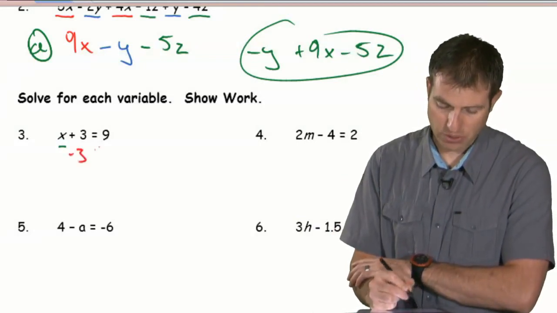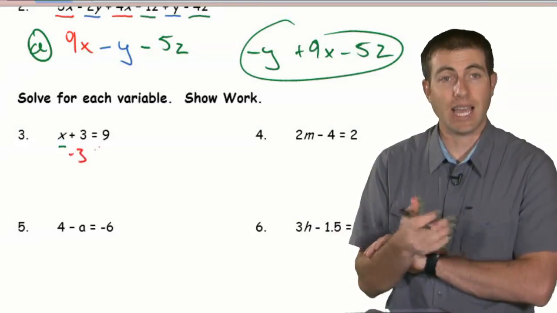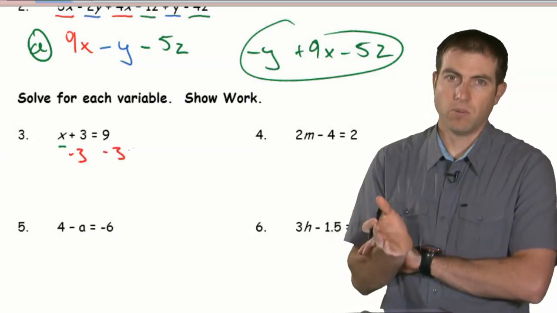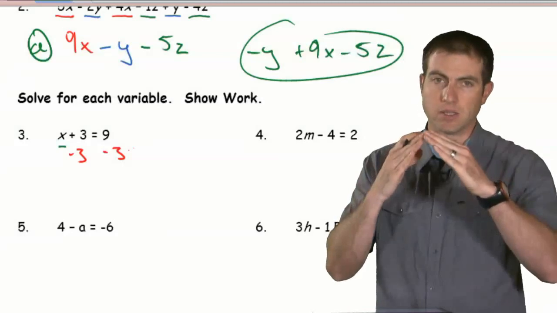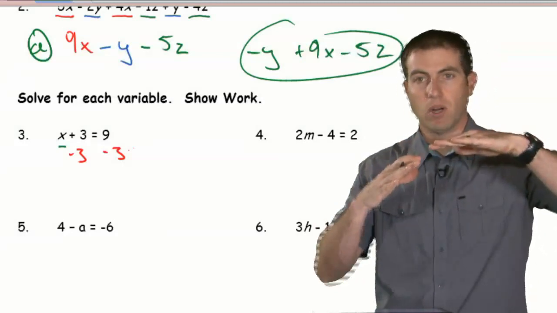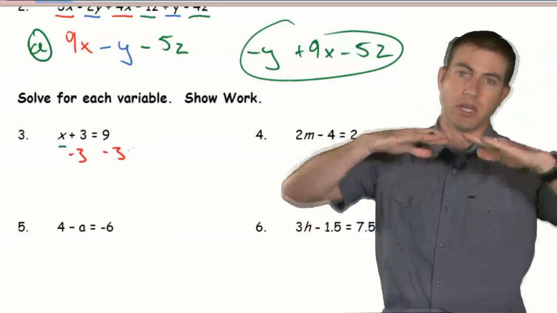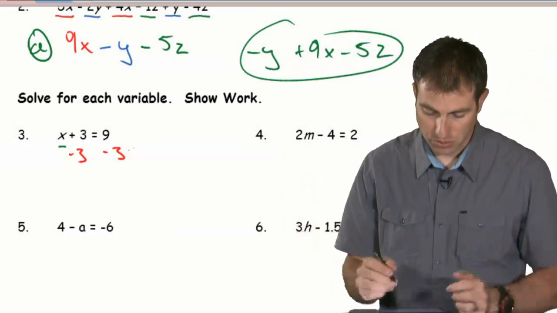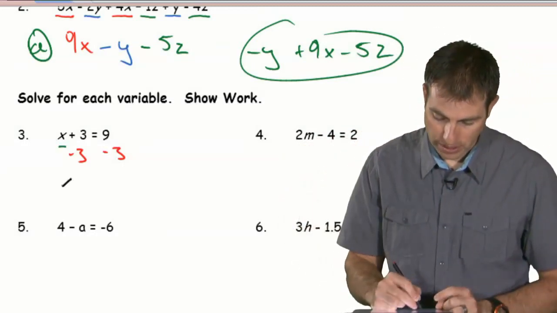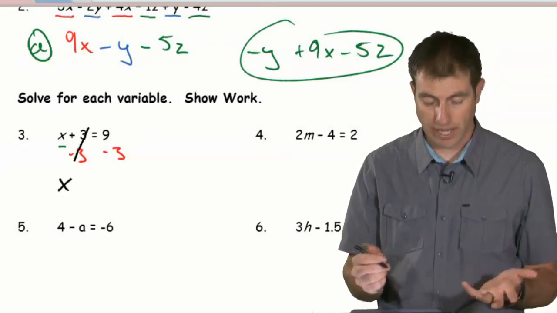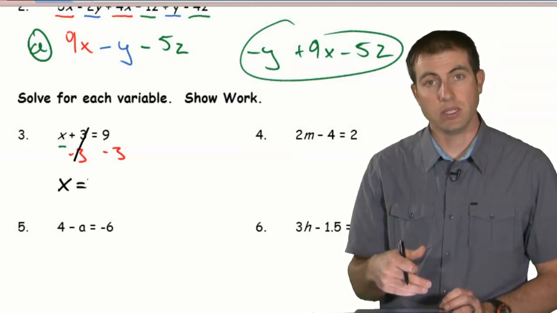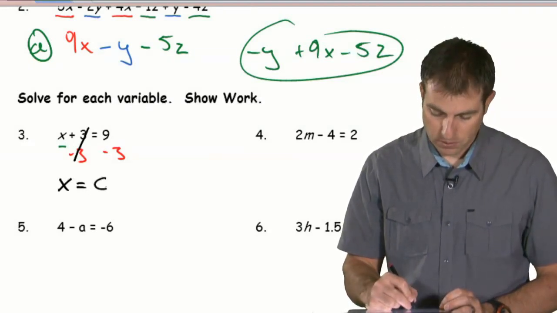So if I subtract 3 from one side, I have to subtract 3 from the other side as well. Remember, the equal sign is like a balance point. If we have something happening on one side, it gets out of balance. We have to do it to both sides, so everything works out in the middle. So if I've subtracted 3 from both sides, I'm going to end up with x. The plus 3 minus 3 gives me 0, so the x is now by itself. And then 9 take away 3 gives us 6.